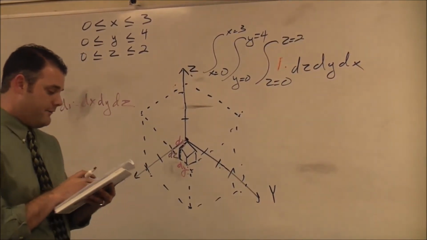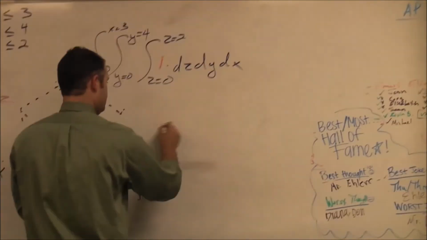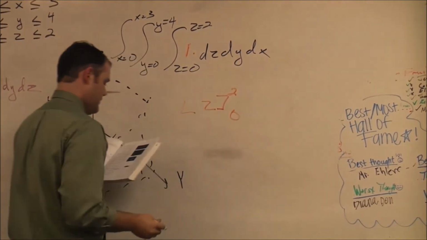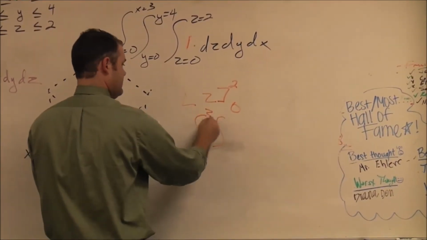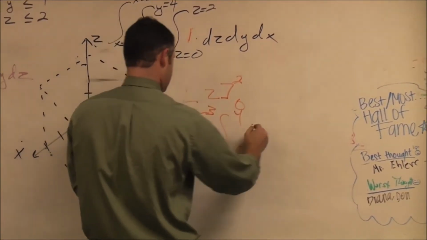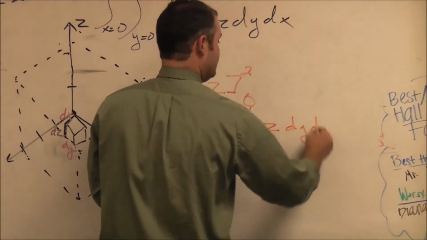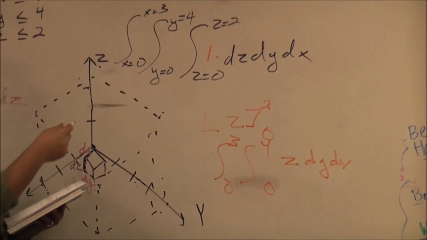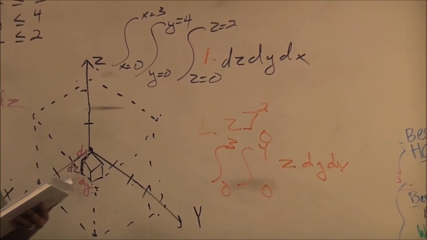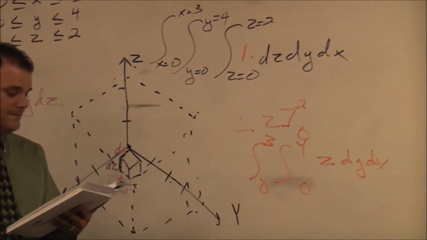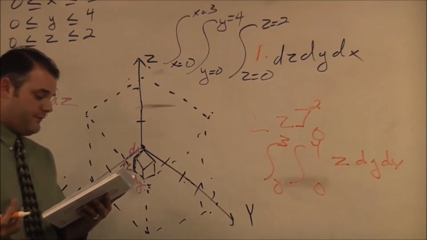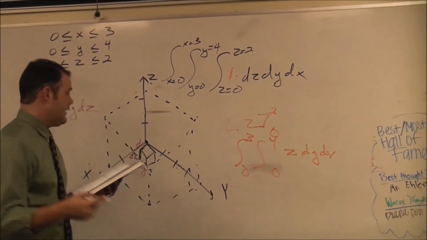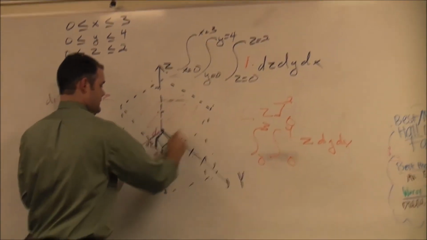So you could have written z from 0, double integral there, 3, 0, dy dx, because z is a function of x and y. It's a constant function, but if you had defined z in this way and you wanted to figure out the volume under the surface, where the surface is z equal to 2, we would have ended up with this right here.